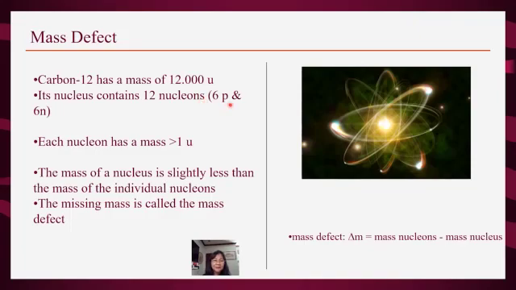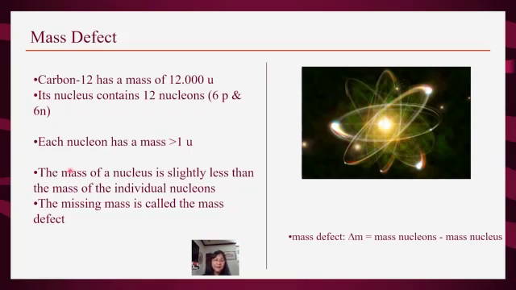That's the mass of 12 nucleons, the 6 protons and the 6 neutrons. So if the mass of the entire nucleus is considered, it is equal to 12 atomic mass units. They have a way of finding that out, so do not question scientists. They have a way of finding out the mass of the entire nucleus.